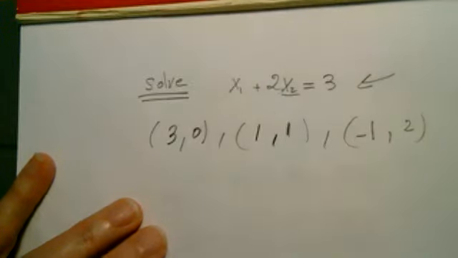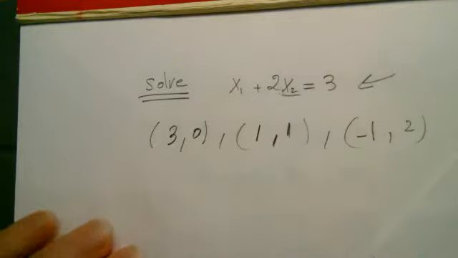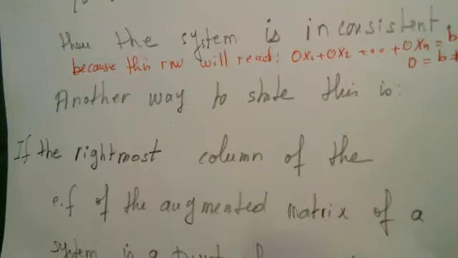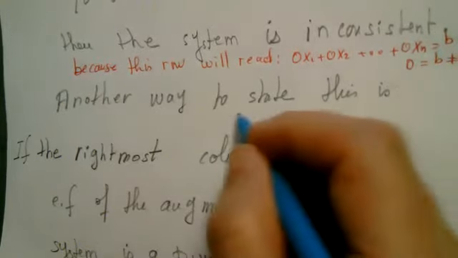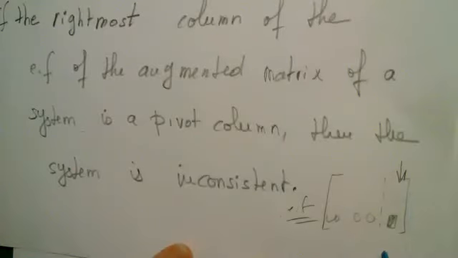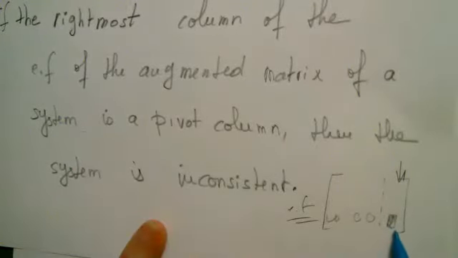So there are, what was the second rule? Okay, I read it again. It's the same one. It's not another rule. It's another way to state this. When you reach the echelon form, and if the last column of the echelon form is a pivot, it means it has a leading entry, then the system is inconsistent.